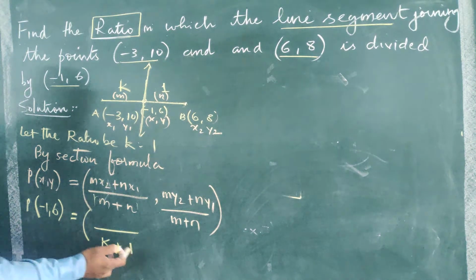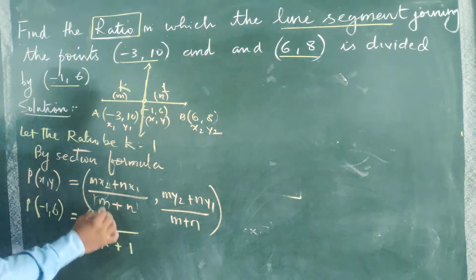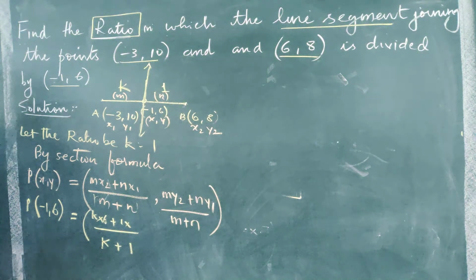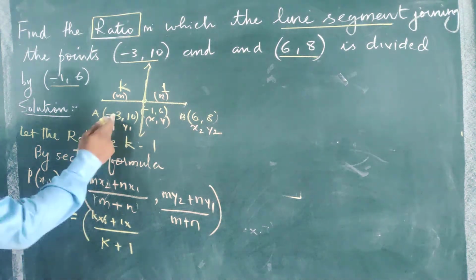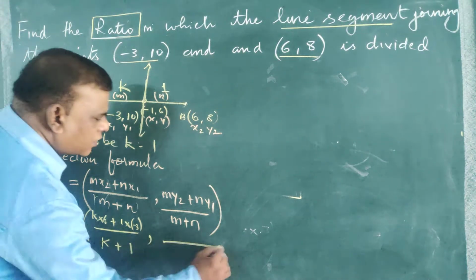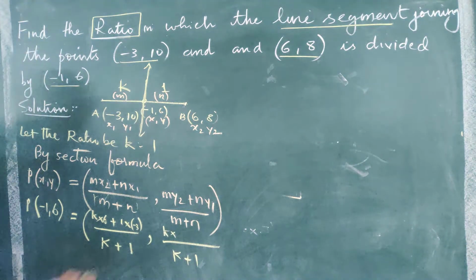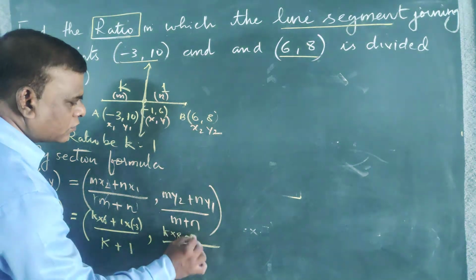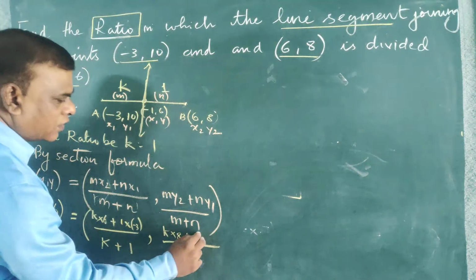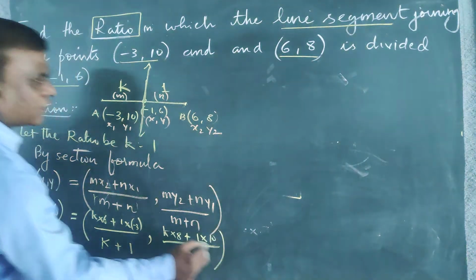So (k into x2, where x2 is 6, plus 1 into x1, where x1 is -3) by k plus 1, comma, similarly (k into y2, which is 8, plus n which is 1 into y1 which is 10) by k plus 1.